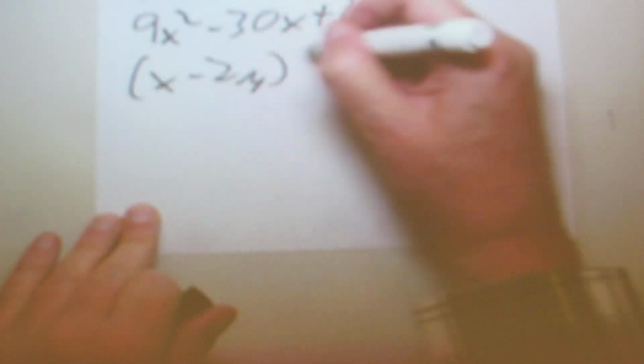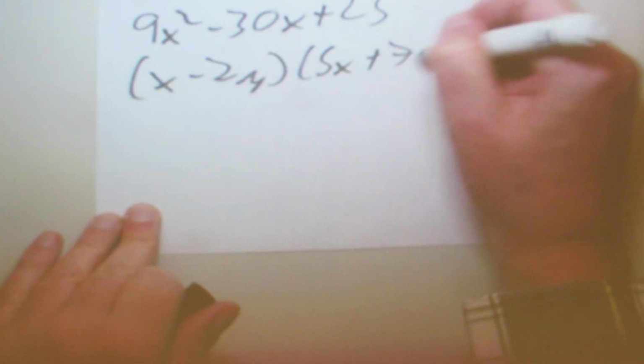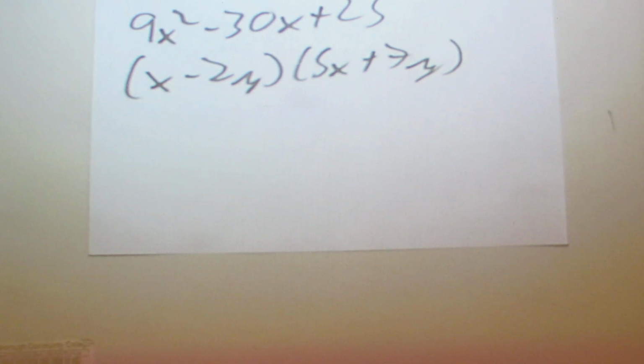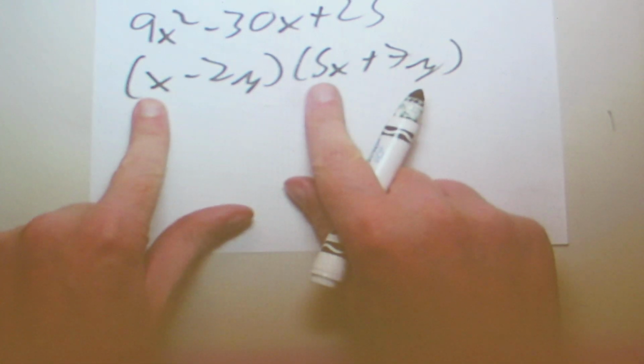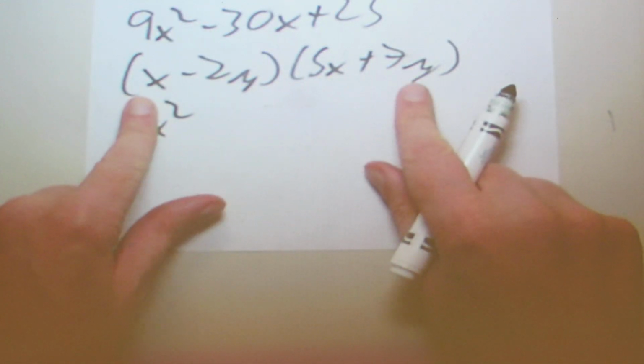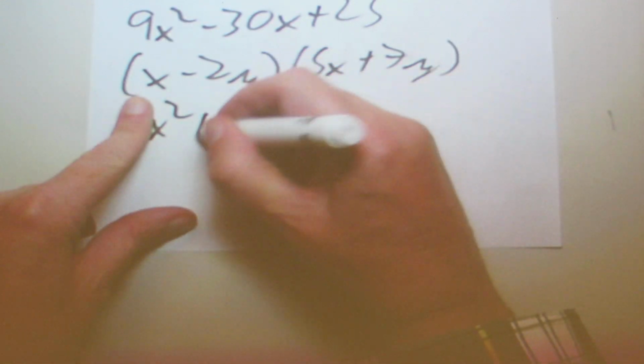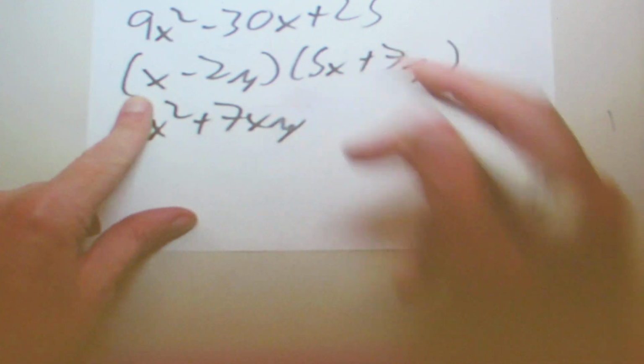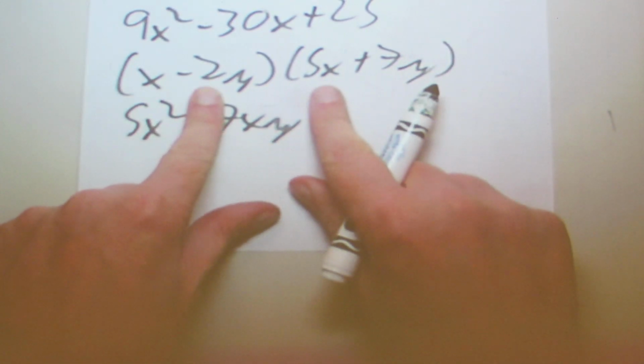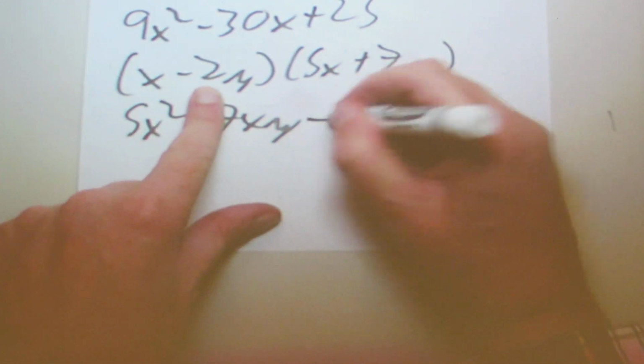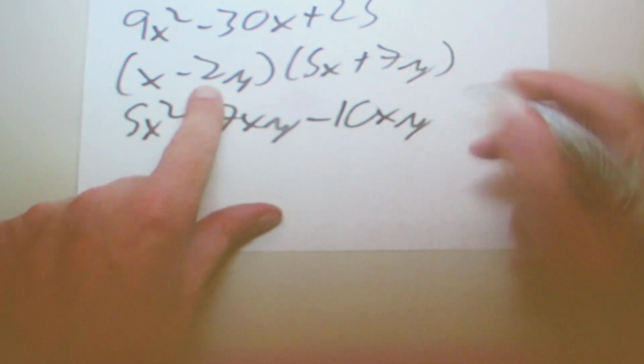This one though, let's say we have x minus 2y times 5x plus 7y. We will do FOIL with this. So the first is x times 5x, which is 5x squared. Outer, x times 7y is plus 7xy. Inner, negative 2y times 5x is minus 10xy.